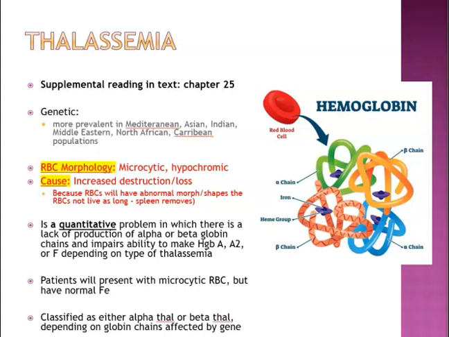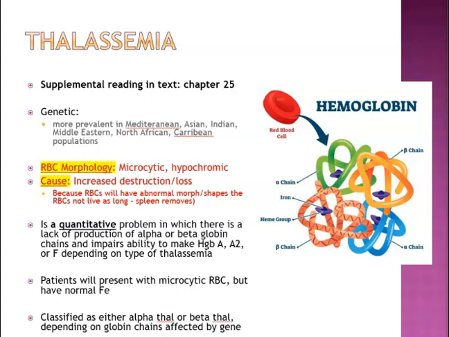So the morphology, the part that's written in red about the middle of the slide here: the red blood cell morphology, we have red blood cells that are microcytic and hypochromic. So we have red blood cells that are smaller in size and lacking in color. We also have anemia caused by increased destruction and loss.